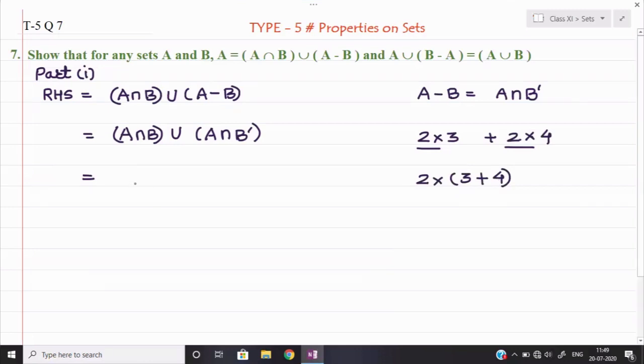Same way, observe here, A intersection is given here also and A intersection is given here also, so I am taking A intersection common. What will remain in the bracket? From here B will remain. The sign between both of them is union, because the sign given is union. B union B dash will remain. You can say we have done this by the distributive law.